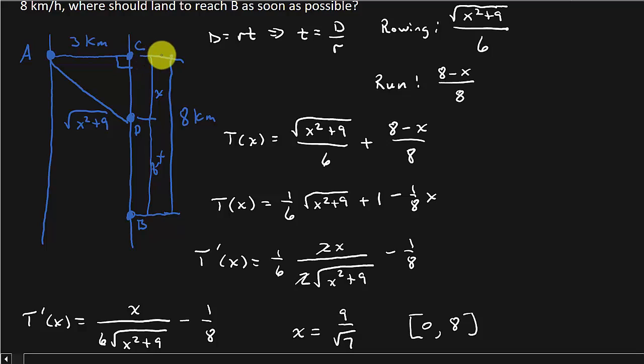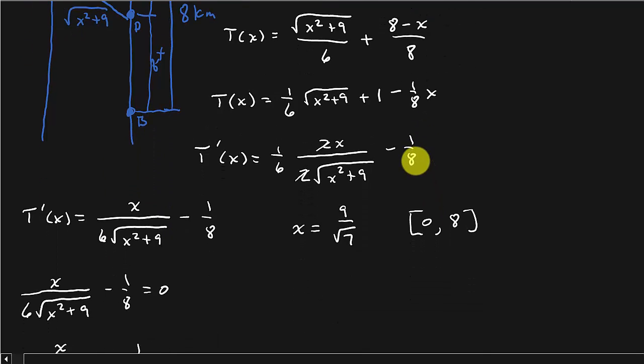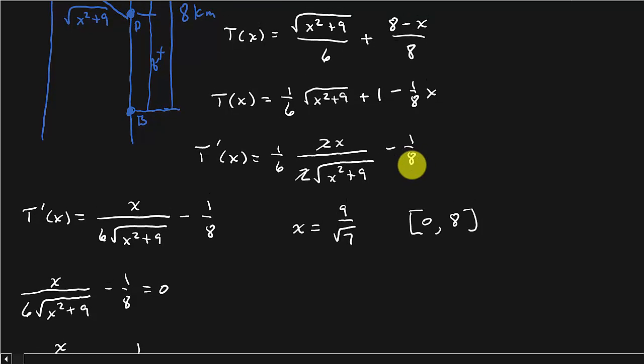X can be 0, so that means we would just go straight across. Or x can be 8, and if it's 8, that means we go directly to b. But it can't be anything less than 0, and it can't be anything more than 8. So we have a closed interval here.